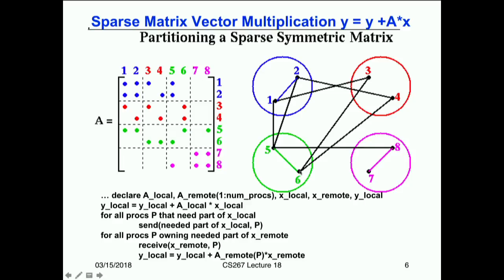So think about this vertex 6, and the red processor. The red processor needs vertex 6, but the model thinks that it needs it twice because there are 2 edges cut. But in practice, it only needs it once because there's no point in sending 6 twice to the same processor. It can store it and use it for computing both 3 and 4's updates. Right? So that's where the graph approach is slightly problematic.